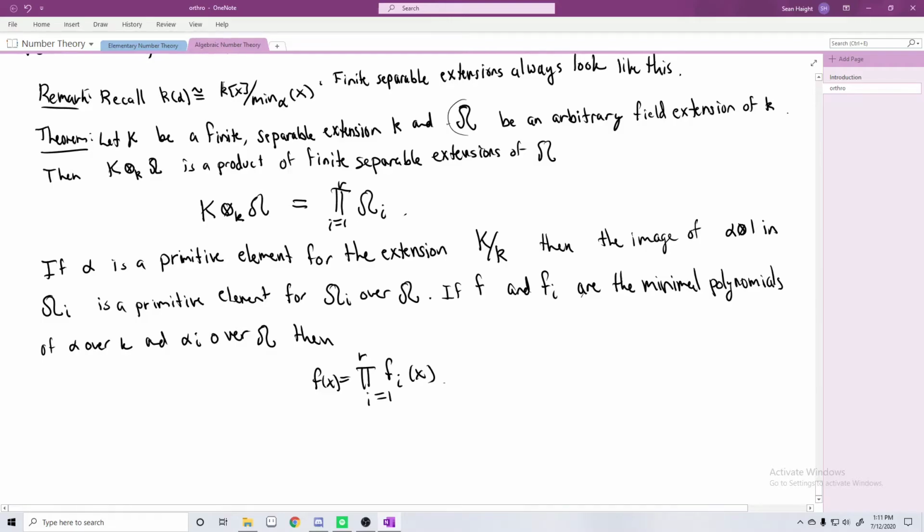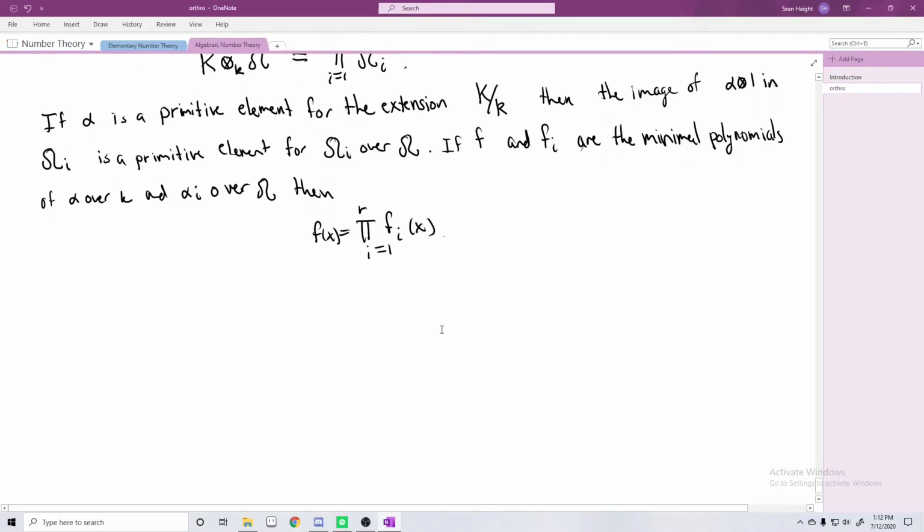It turns out essentially that this K becomes an omega, and then when I factor this thing, I can use the Chinese remainder theorem to break this quotient into a product of quotients, each of which will be an omega sub i. Okay, so let's go ahead and do the proof.